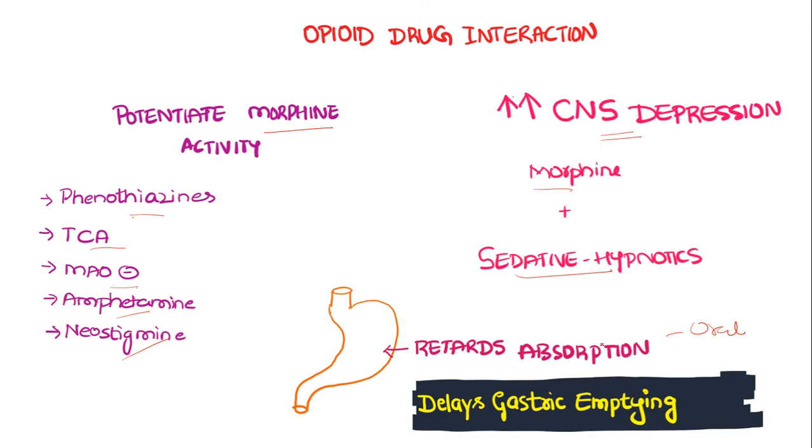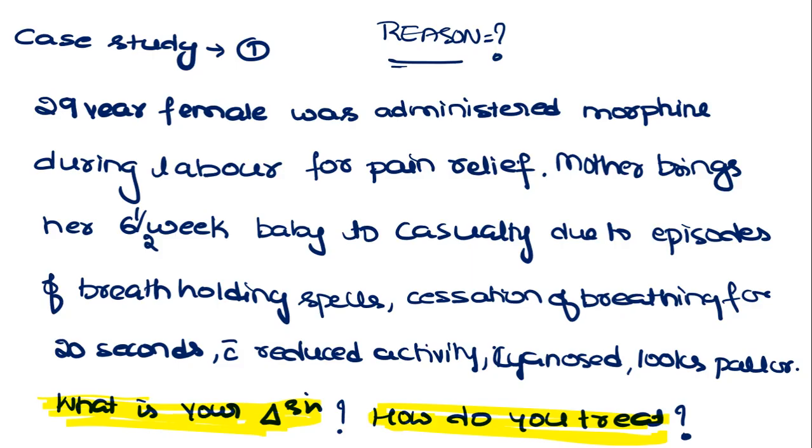So coming to case number 1, here is a case where a female patient was injected with morphine during labor to relieve the pain, but after a few days, the baby complains of breathing difficulties, cessation of breathing, and also reduced activity. What will be the cause?